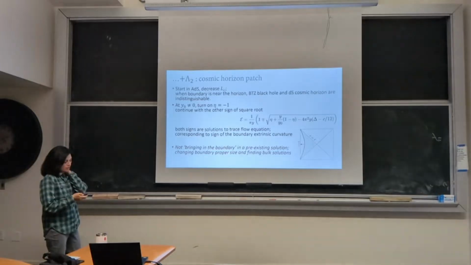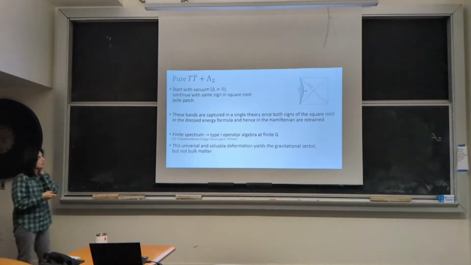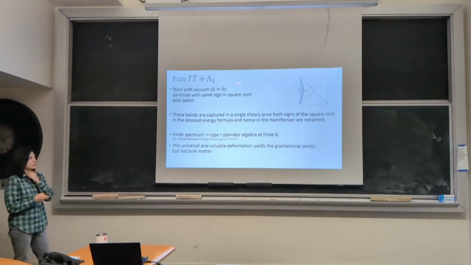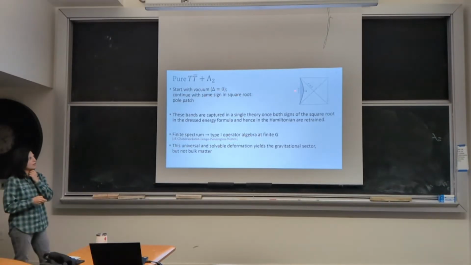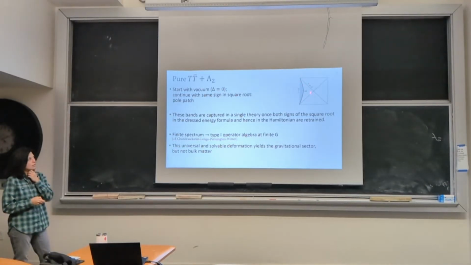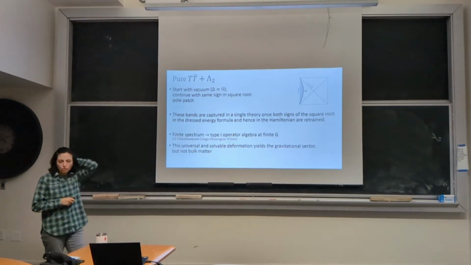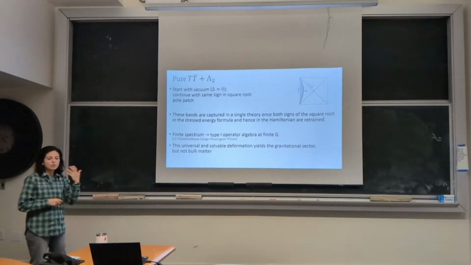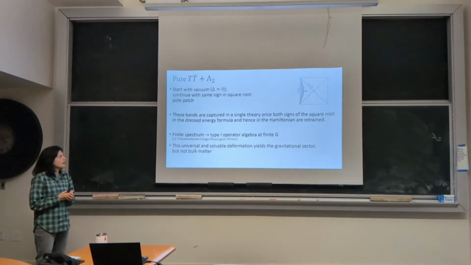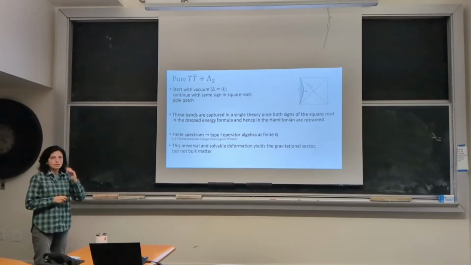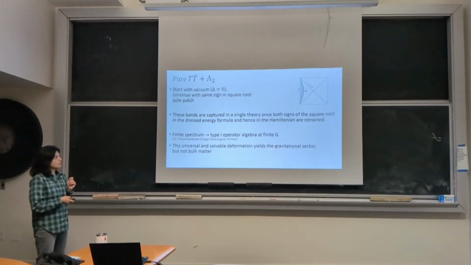You can also start with a different value in the seed theory and construct the other side of the boundary in de Sitter space. If you capture both these solutions in your theory and also in the Hamiltonian, you get all these states on what is called the pole patch or the cosmic horizon patch.